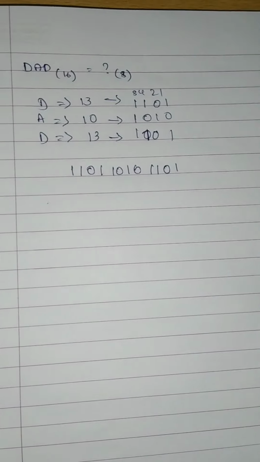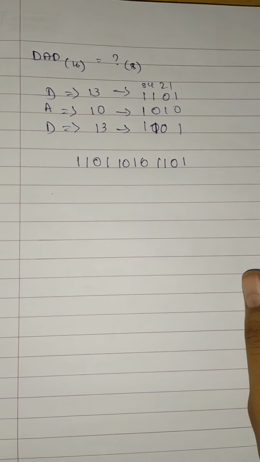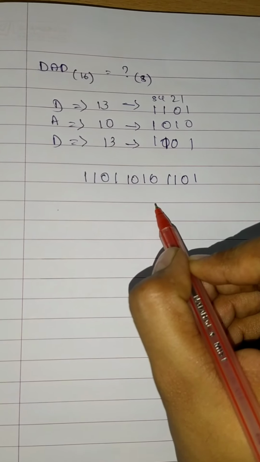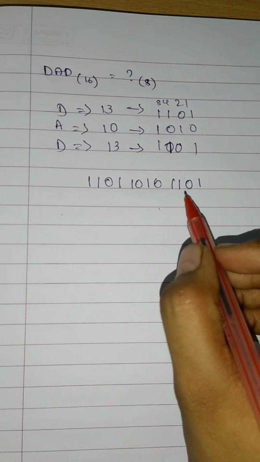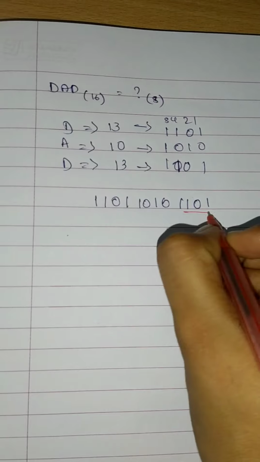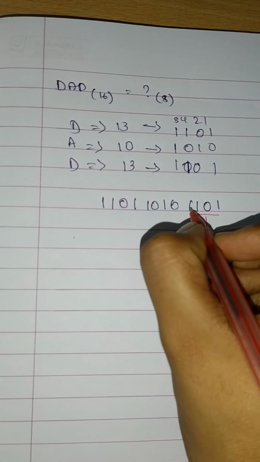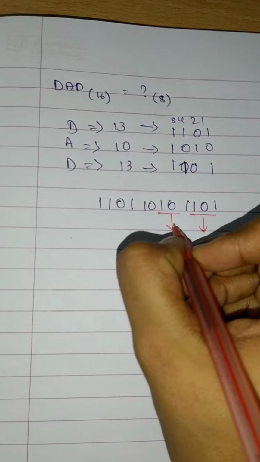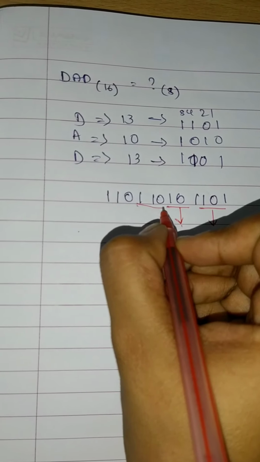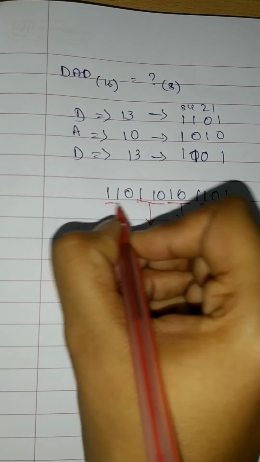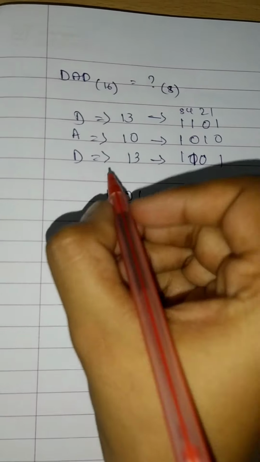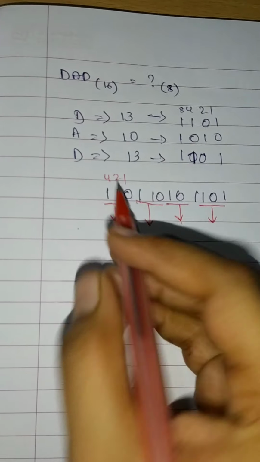In the second step, we divide the obtained binary number into groups of 3 bits. Here, these three values, and then these three values, we follow the 4 2 1 format.